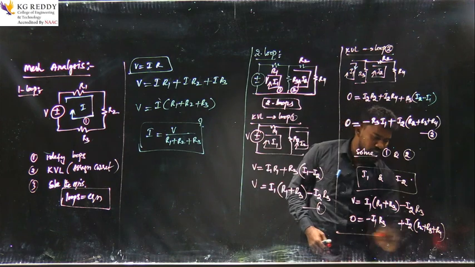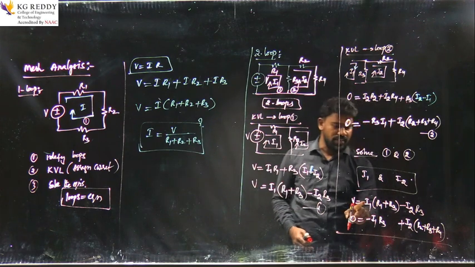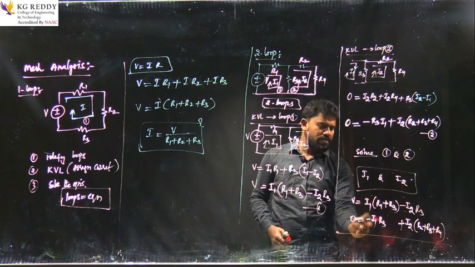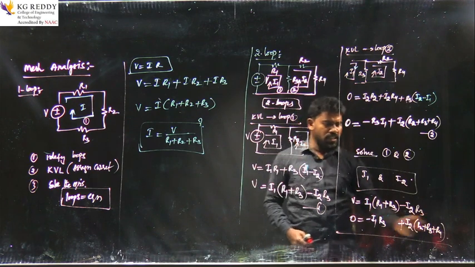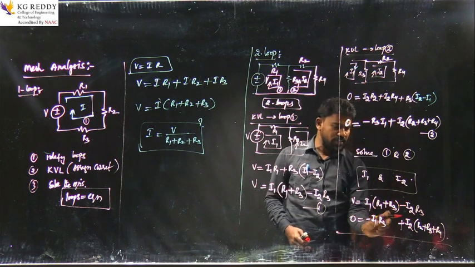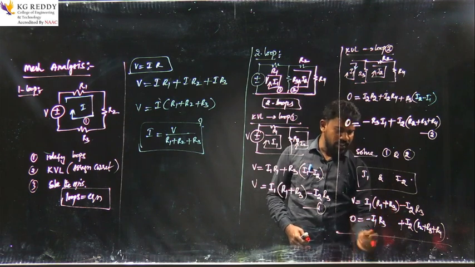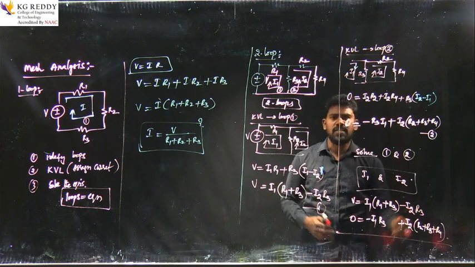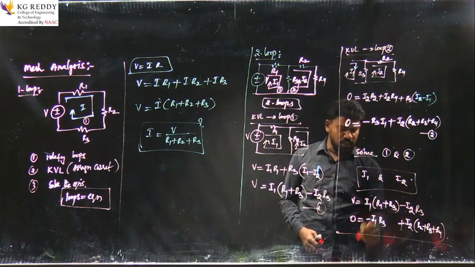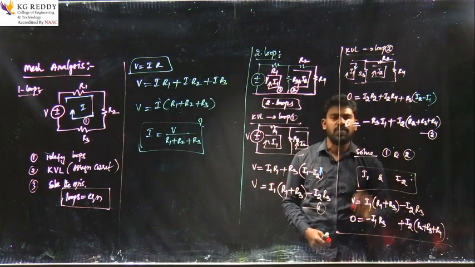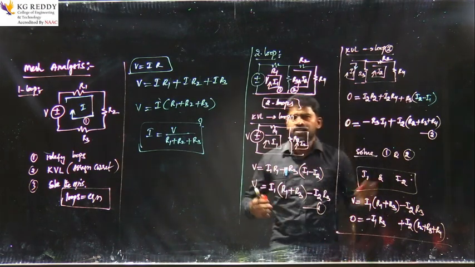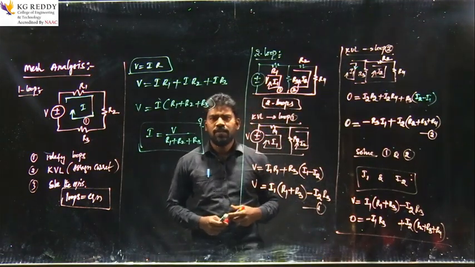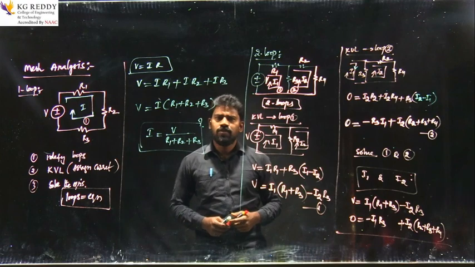Okay, so you can simplify these two equations. Here minus I1 is there, here plus I1 is there. If the magnitudes are the same you can cancel, and you will get the I1 term. From these two equations, please simplify, and you will get the I1 and I2 values. Okay, so this is the way we find the current in each and every loop. Is it clear?